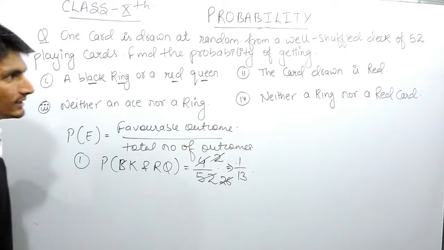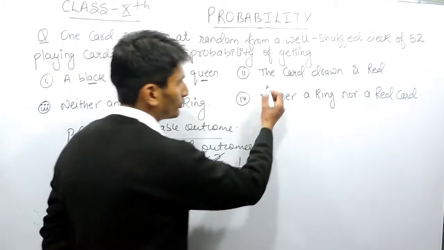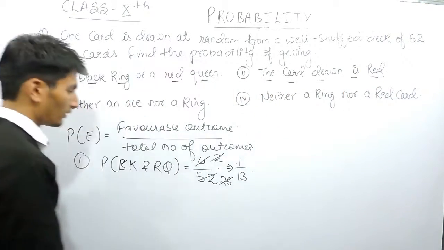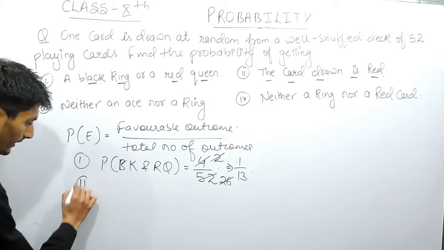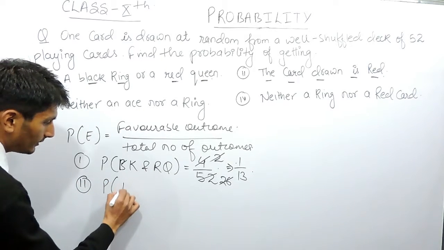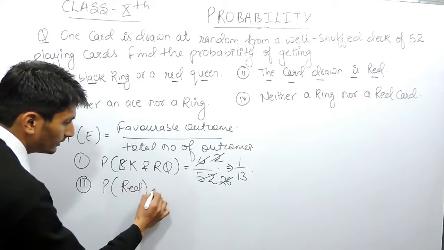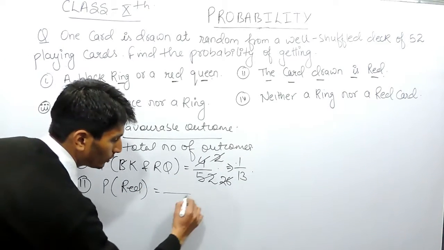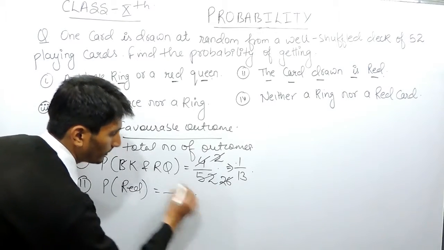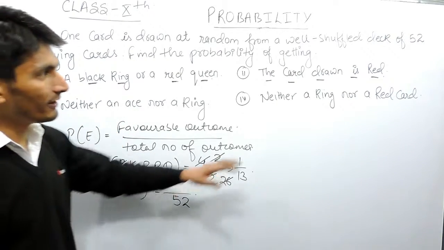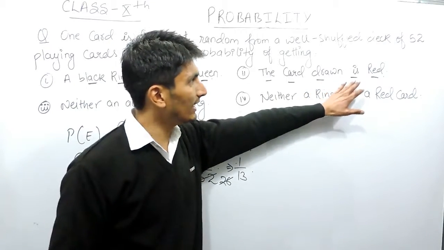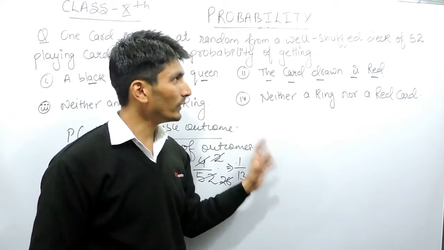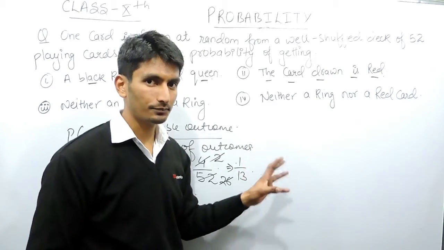Now in the second part, you need to find the probability for a card drawn being red. Again the total number of outcomes will be 52, but the number of favorable outcomes for a red card will be 26 because there are 26 red cards here.